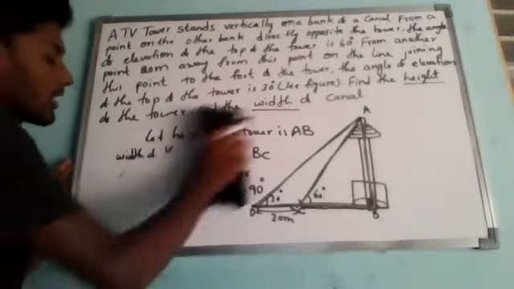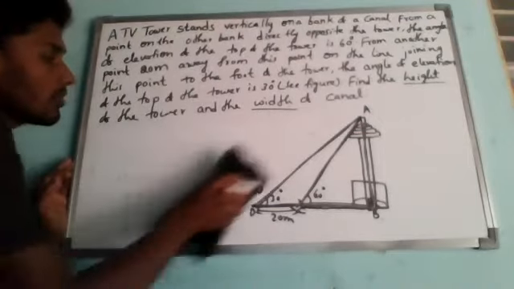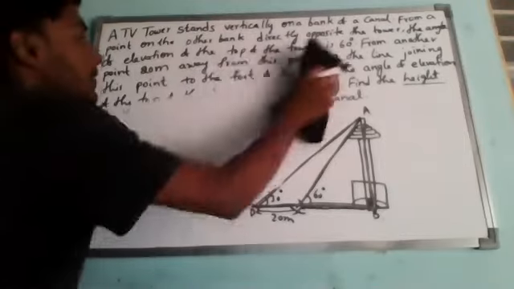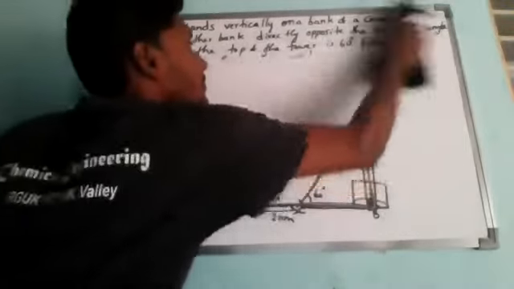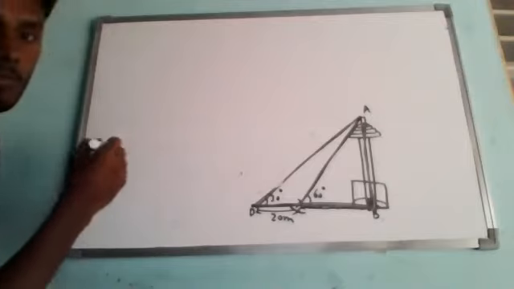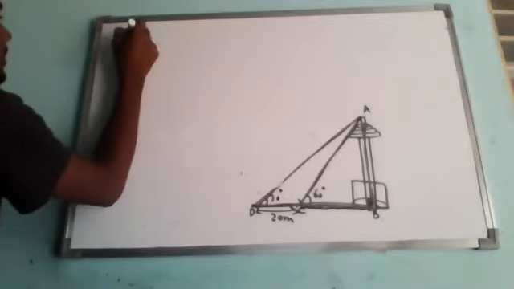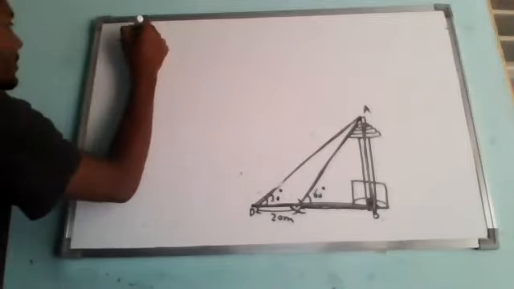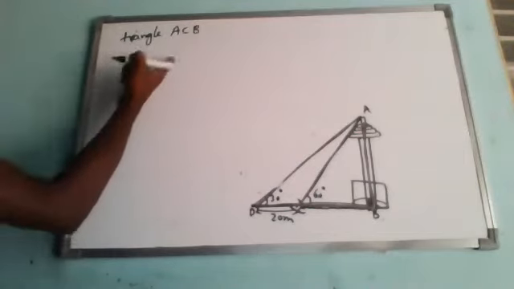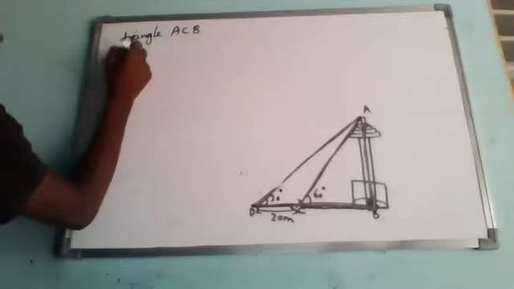So now see how we can calculate. After this, what do we have to do? We have two right angle triangles. From the first right angle triangle, that is triangle ACB, I am applying the tan function.